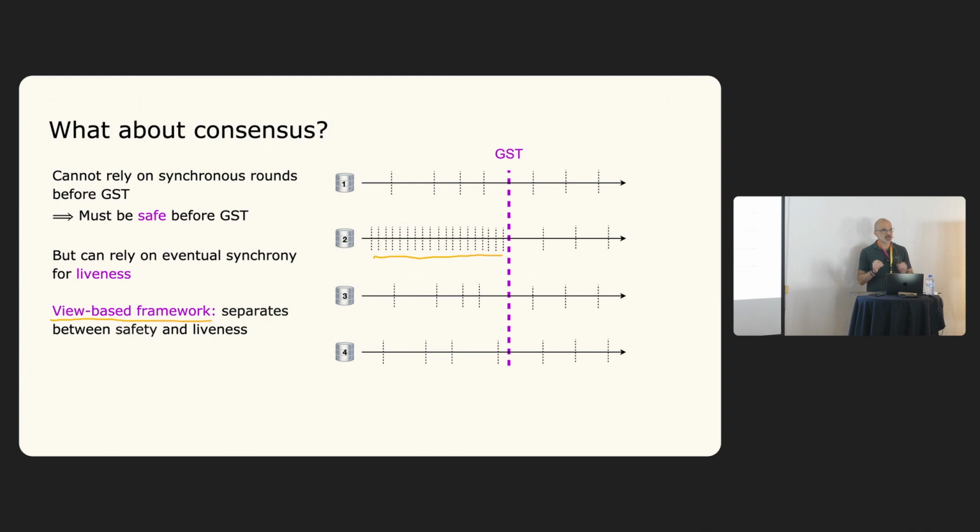And then if they are stuck, there is a view synchronizer out there that would ensure that they are pushed out of that situation. So the view-based framework achieves what I said before: to ensure liveness we need this separation between safety and liveness in the protocol design.